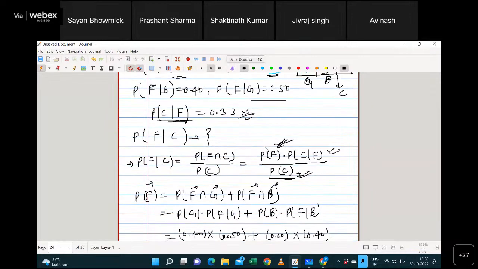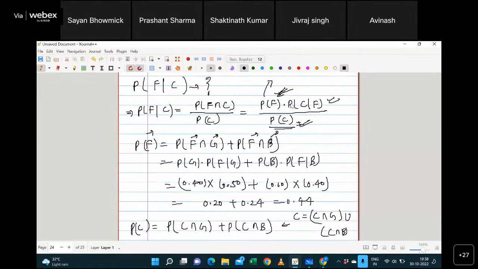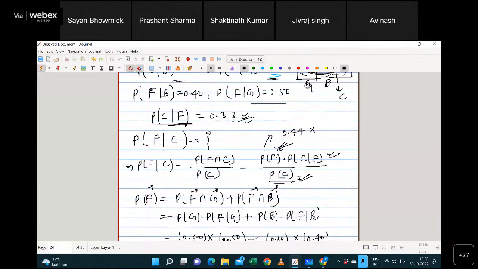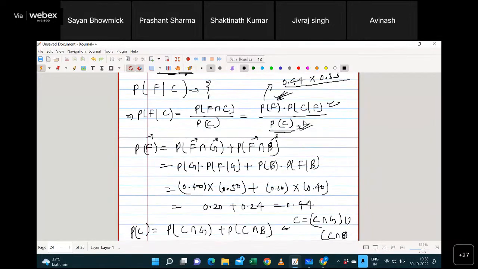Now we can put the values. Probability of F is 0.44, into probability of C given F, which is 0.33, divided by probability of C, which is 0.66.